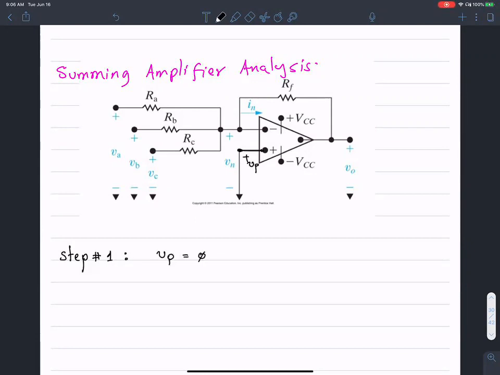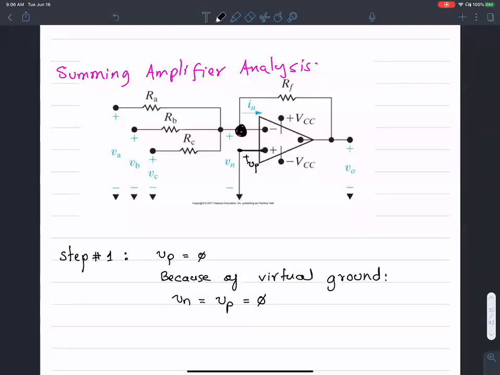That implies, because of virtual ground, what can you tell me about V negative, or the voltage at that node? That it's also 0. That's going to be virtual ground.